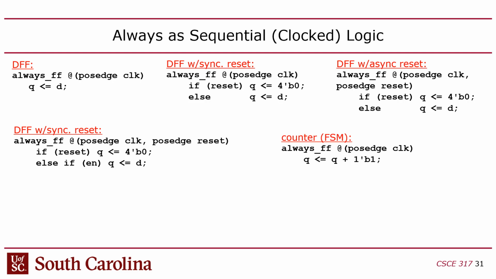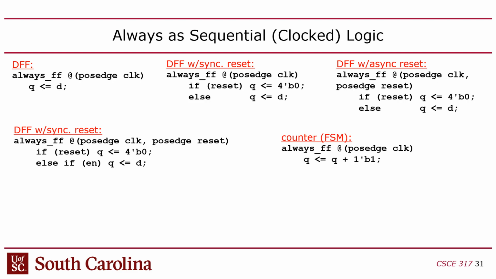If reset, then clear the Q, otherwise capture D, put in Q. Make sense? Now notice that reset is not on the sensitivity list either. And that has an implication that the reset is synchronous, meaning that the reset by itself doesn't do anything. It's ignored unless you have reset high and then a rising edge of the clock, in which case it'll reset, right?